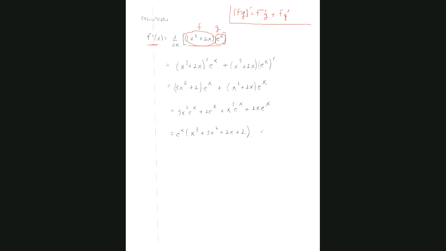So in the first step, I say, okay, x cubed plus 2x prime, that's f prime. e to the x is just g, plus, now x cubed plus 2x, that's just f, and the derivative of e to the x, that's g prime.